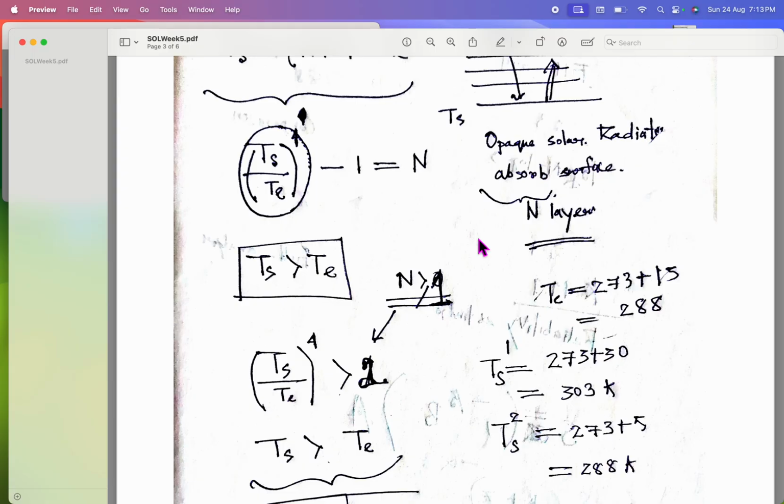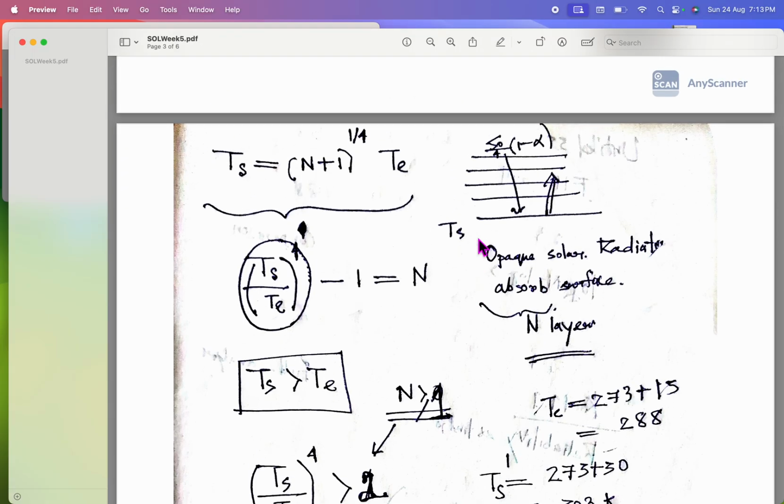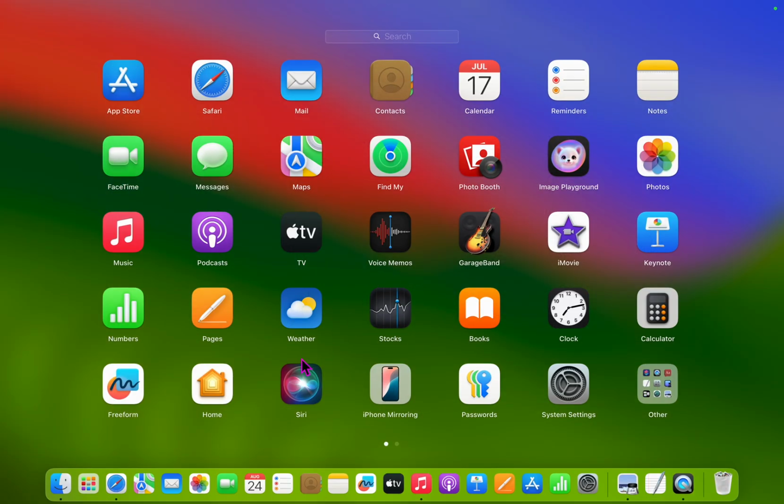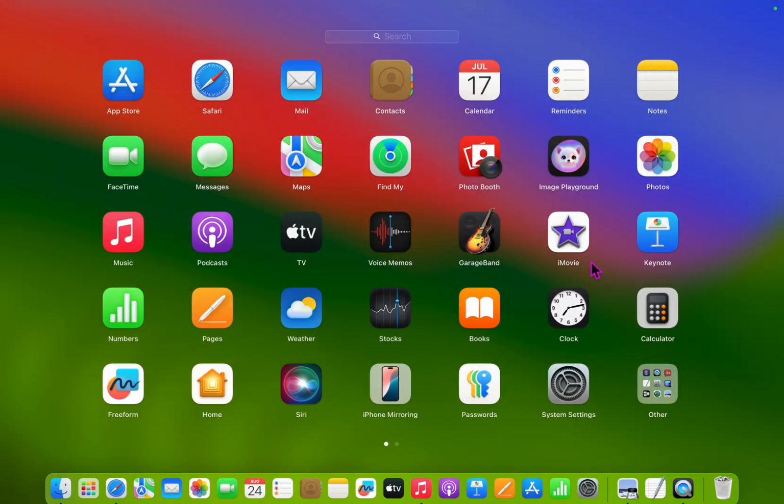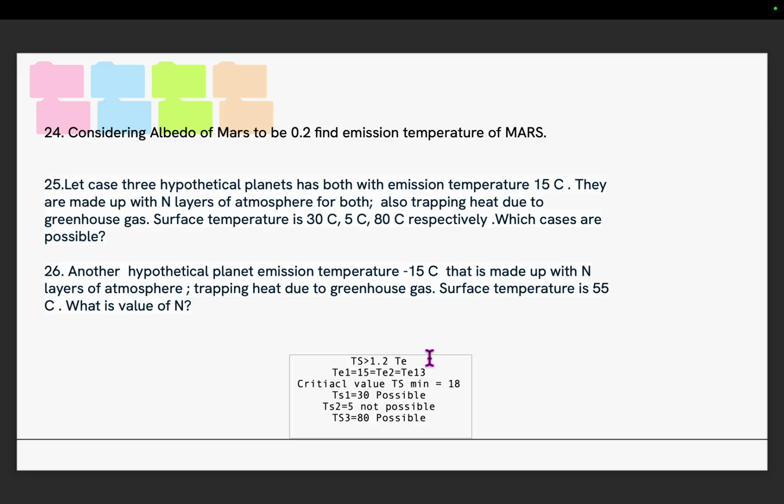Now you have to give Ts by Te to the power 1 by 4, that is 328 by 258 to the power 4, minus 1.